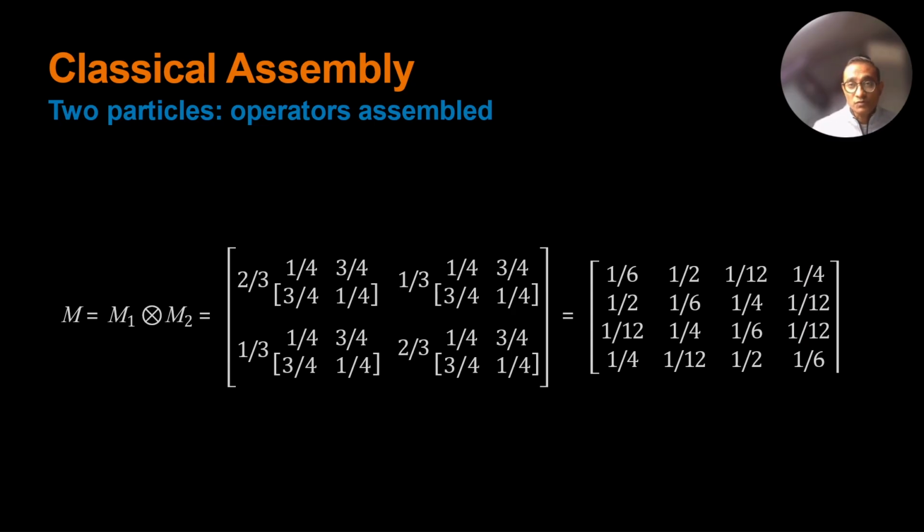We can further infuse the probability matrices that we have defined, and there we will end up with a four-dimensional representation of the assembled system in mathematical terms. How to do the Kronecker product is defined in the video in the series on linear algebra.